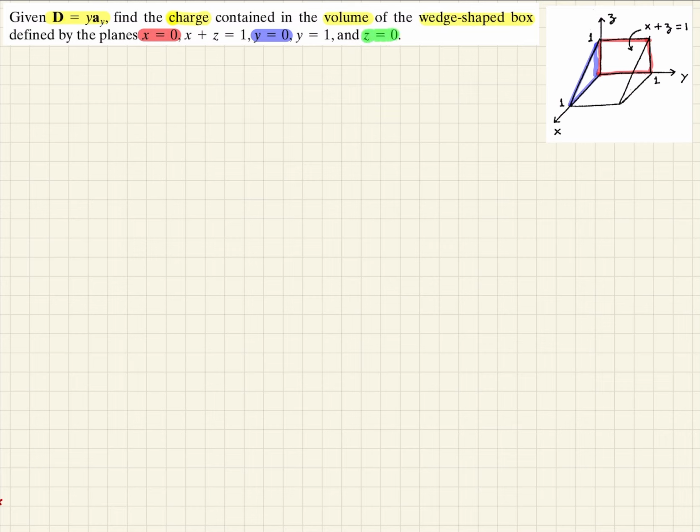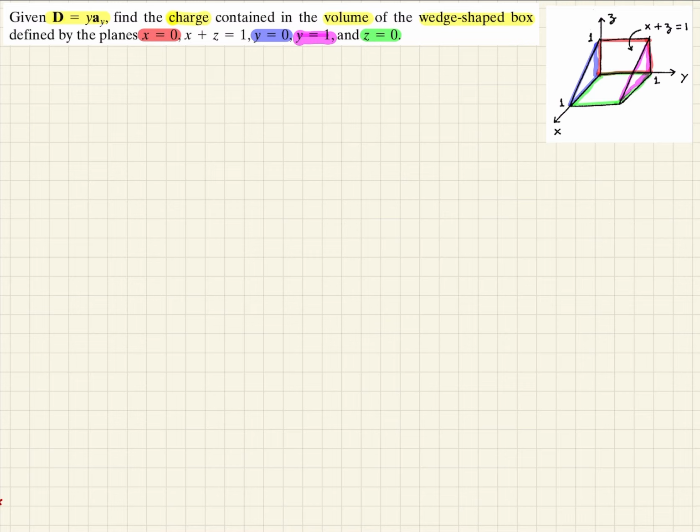Next we have z equals 0. So for z equals 0, that's going to be this bottom plane here. It goes right there. We're also going to have y equals 1. So y equals 1 is this triangle here.